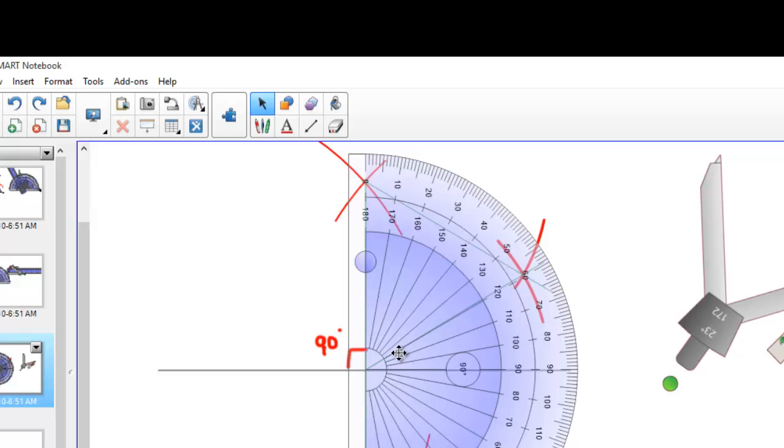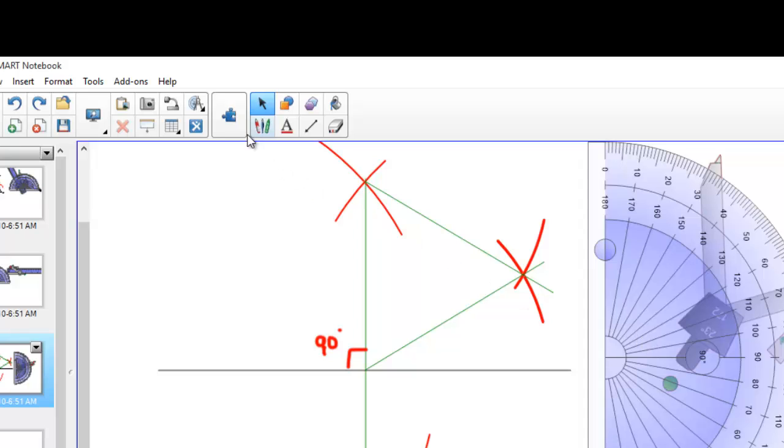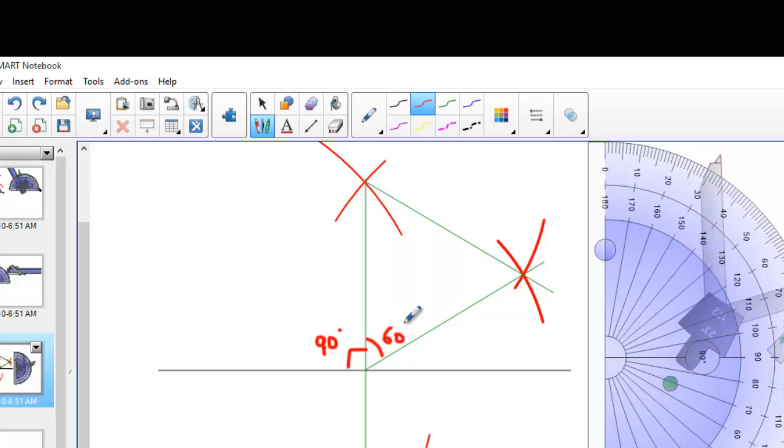If I did a great job, I will see there is a small difference because of the thickness of this, but if I did a great job from the beginning, this one is going to be 60 degree. So now I can show the teacher this is a 60 degree angle. That means the whole thing, 90 and 60, is a 150 degree angle.